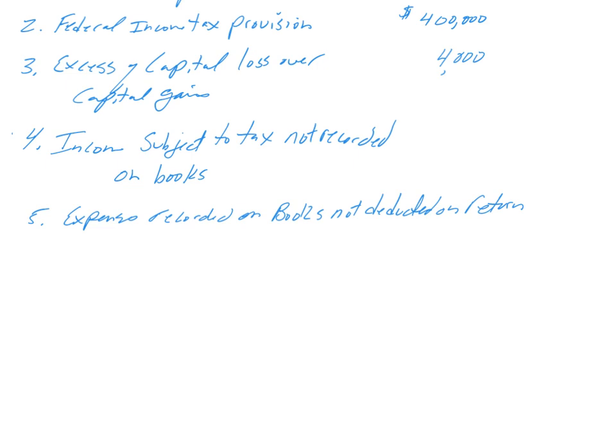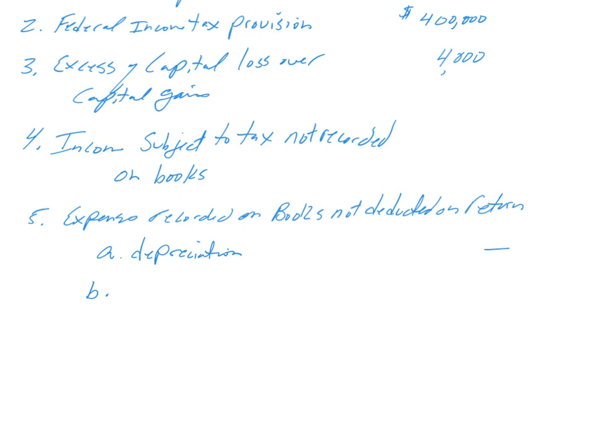Well, let's just run down the list. So for us, depreciation, the adjustment for depreciation is 0 because our tax depreciation was larger than our book depreciation.